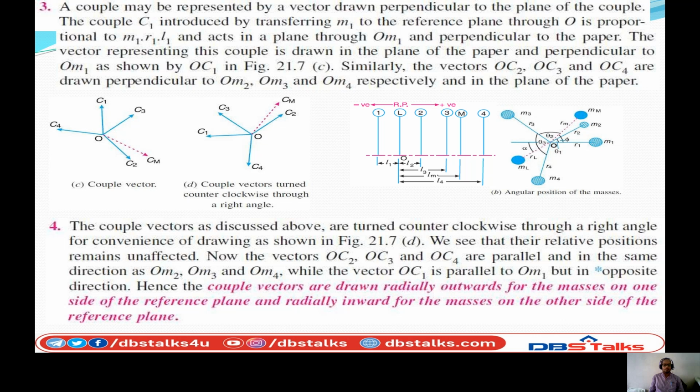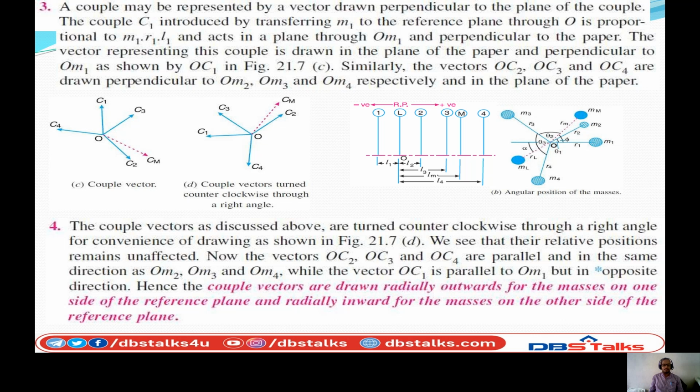But now the vectors OC2, OC3 and OC4 are parallel and in the same direction as OM2, OM3 and OM4, while the vector OC1 is parallel to OM1 but in the opposite direction. So the couple vectors are drawn radially outwards for the masses on one side of the reference plane and radially inwards for the masses on the other side.